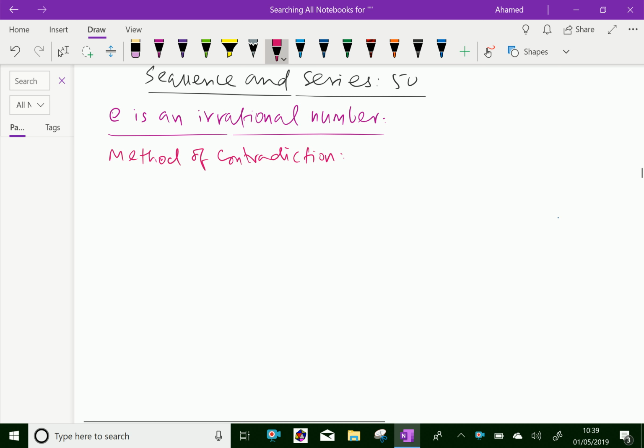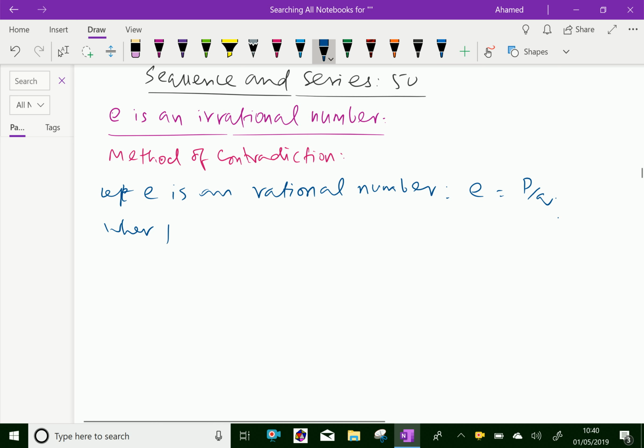Let e be a rational number, that is equal to p over q, where p and q are positive integers.